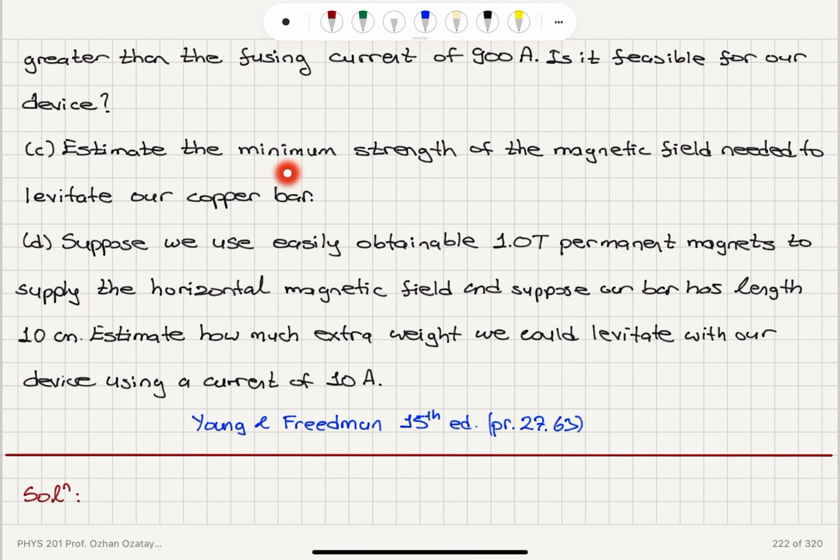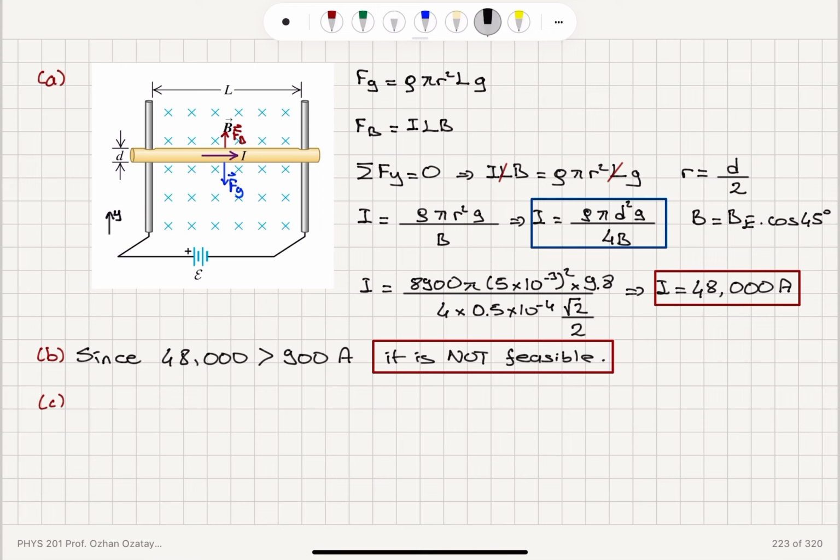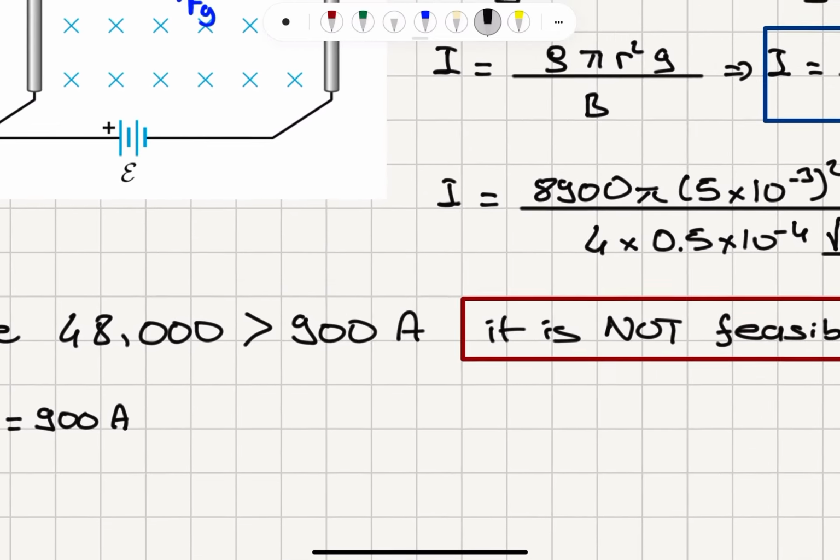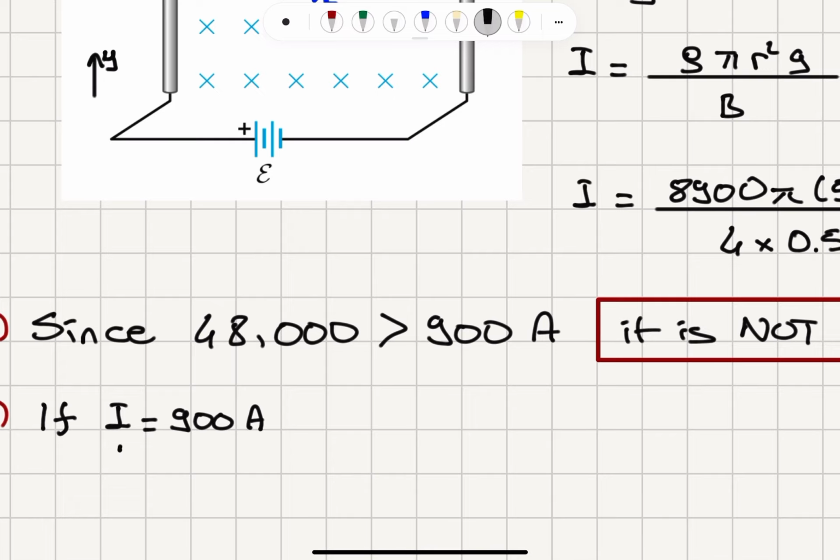Estimate the minimum strength of the magnetic field needed to levitate our copper bar. So obviously it's not 0.5 times square root 2 over 2, but what would it be? Well, the maximum current I can reach here is 900 amps before it melts. So if I have a current of 900 amps, this is the maximum current I can have.